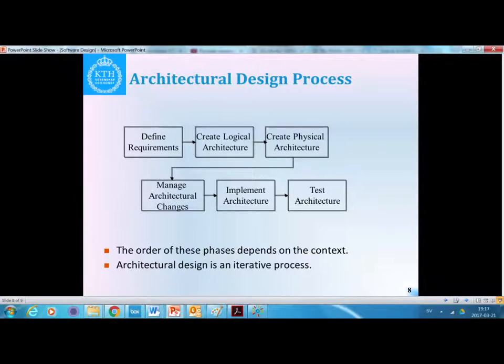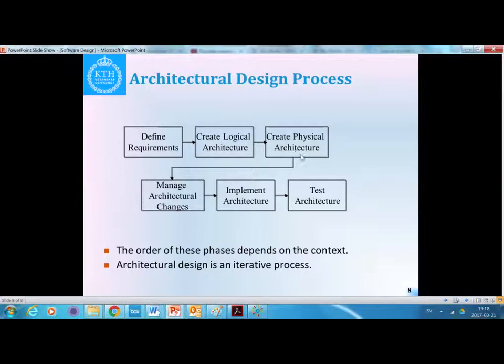But logical conceptual design is not the same as physical design, that is how the system is going to be implemented. Some subsystems may be distributed over several nodes, where one part of a subsystem may be in Vietnam, the other one may be in the United States or so, or they may be implemented on various physical nodes or platforms, and this is what you decide afterwards, after you have created logical architecture.